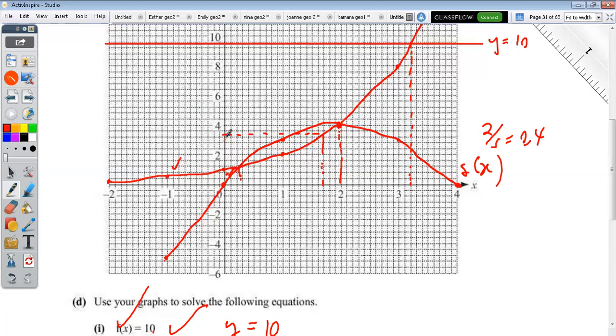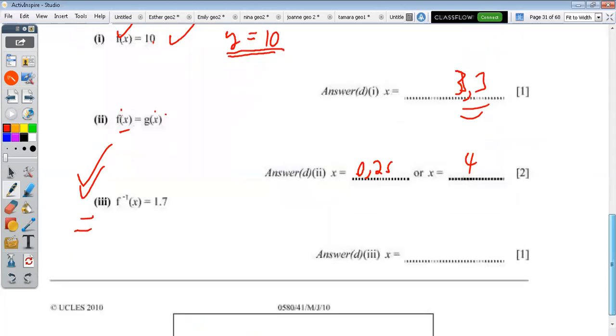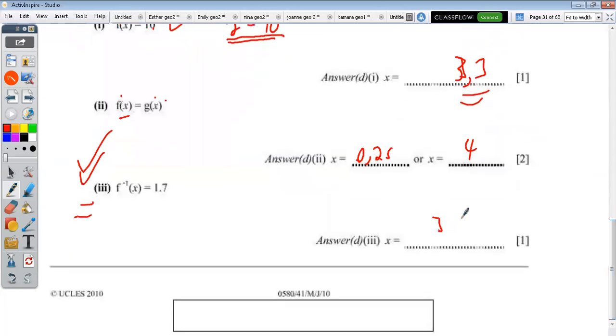I see. So 3.2. Remember, this would be 3.6. So 3.2. This is 3.4. Half clear. So 3.4. Any questions so far? No, sir.